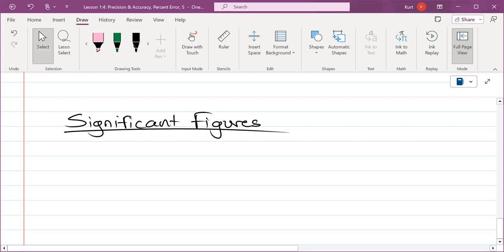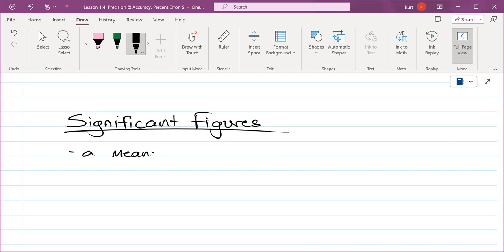Significant figures is a concept about making your answer no more and no less precise than the numbers that you were using to get that answer. It's a lot of word salad with this. So example is going to be a great help to you.